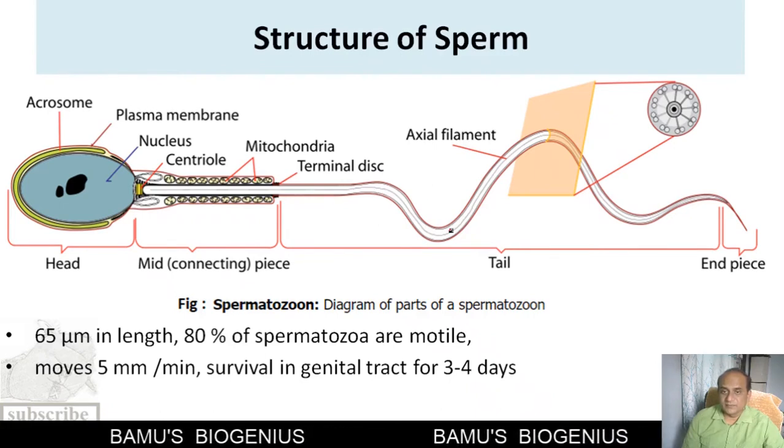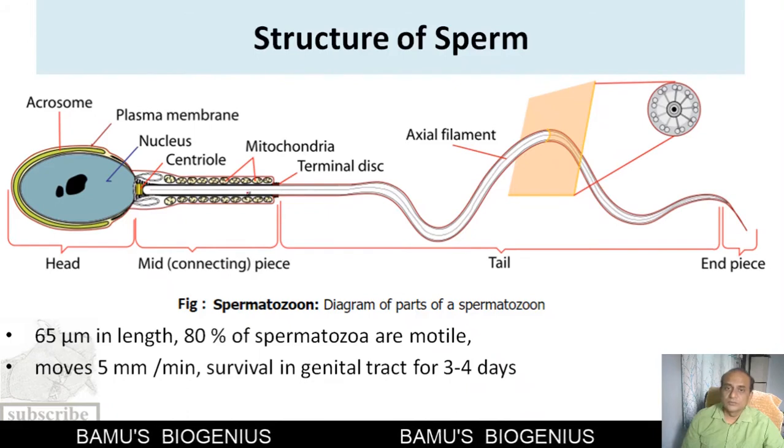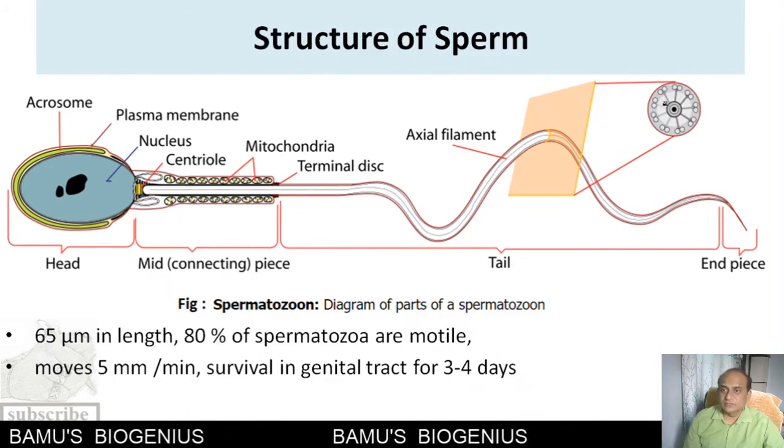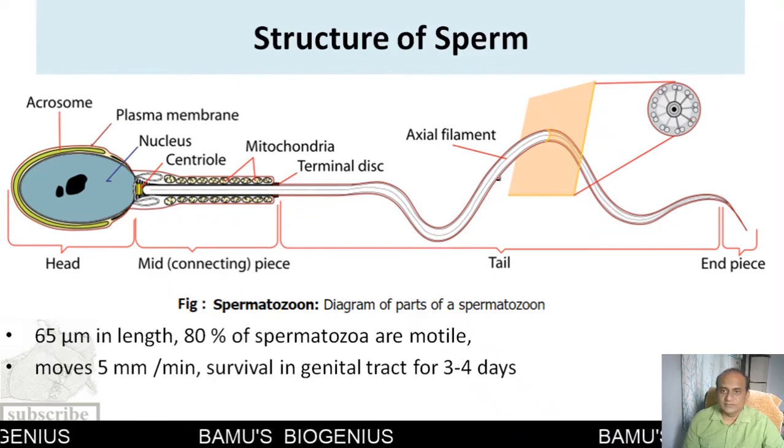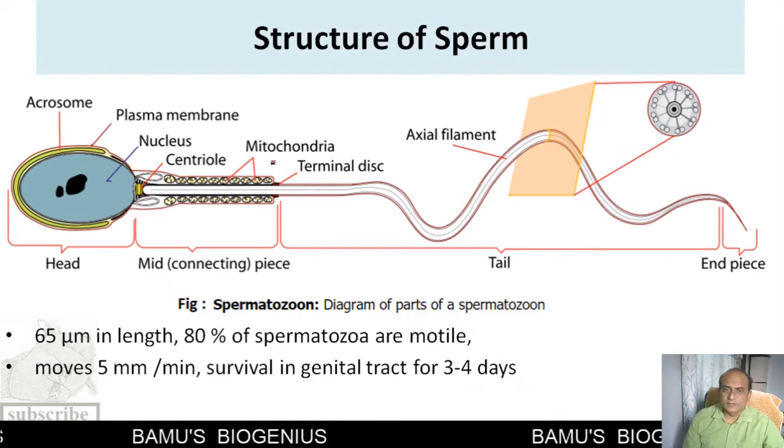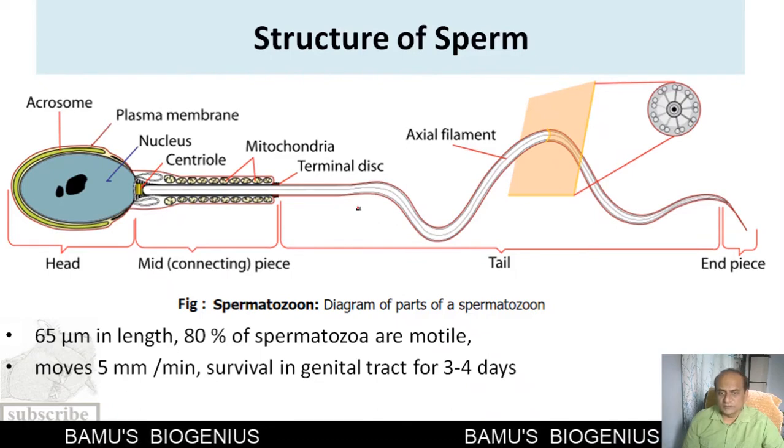These axial filaments contain a 9 plus 2 arrangement of microtubules. This 9 plus 2 arrangement of microtubules helps in movement of the axial filaments, and because of that the sperm can move forward.